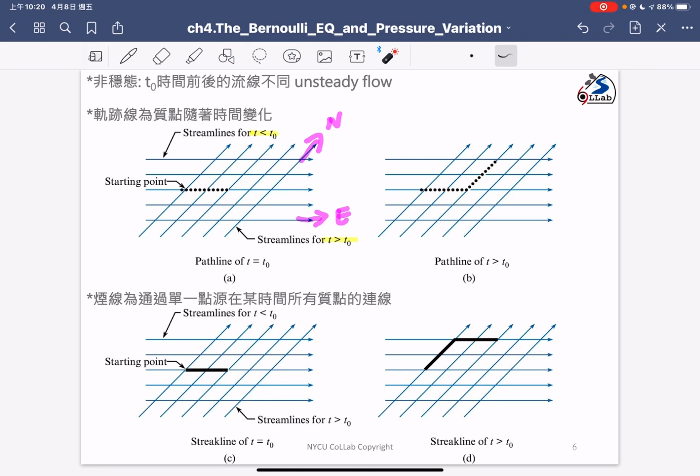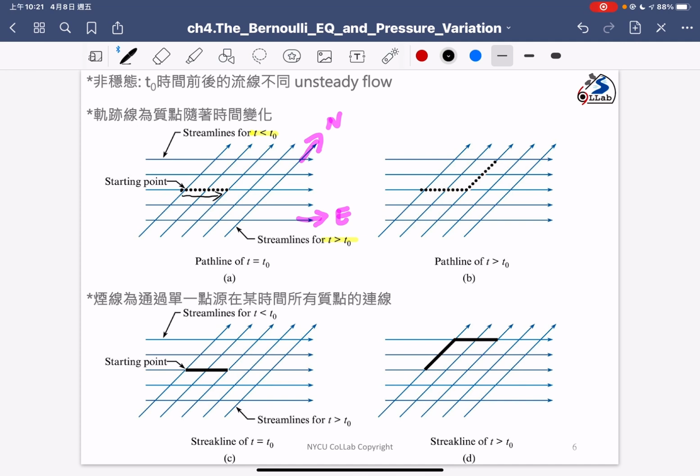Okay, and the black dot showing here indicates the time is less than t0. Because the streamline goes to the east, the black dot will move to the right-hand side as the time increases, right?